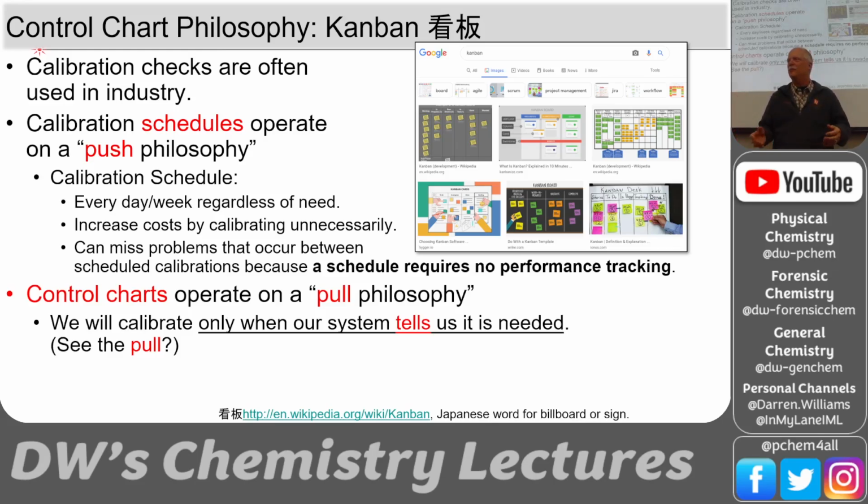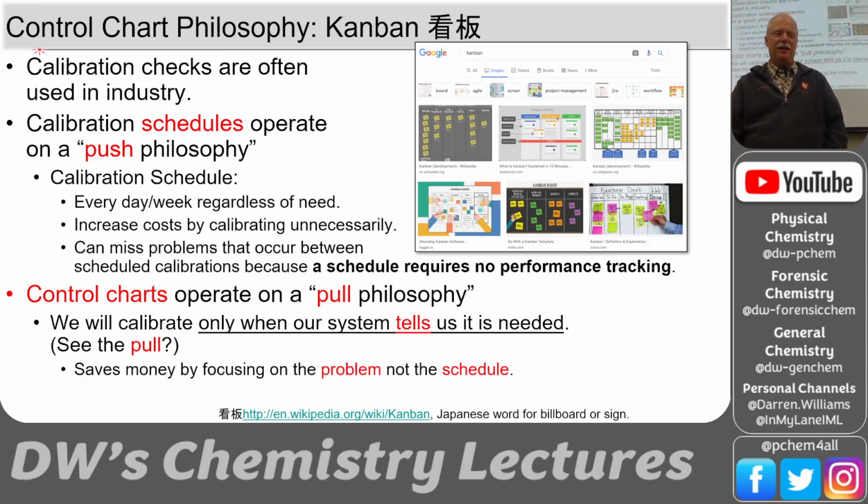It's going to cost me a lot of money and the car still runs just fine. So they've kind of diluted that signal down to where the check engine light is easy to ignore. So just get you some black tape and put it over it. Probably not good advice, but it's tempting. Okay, so this saves money also because it focuses on the problem, not the schedule.